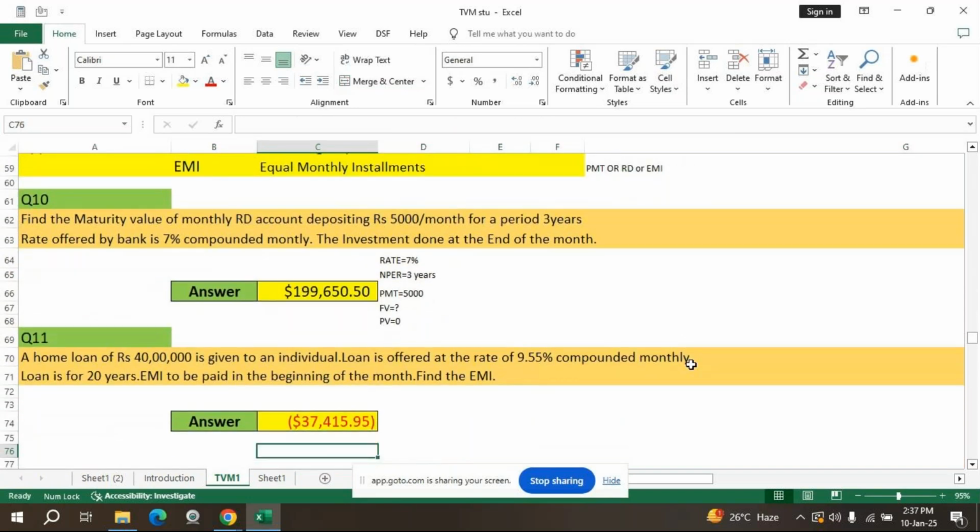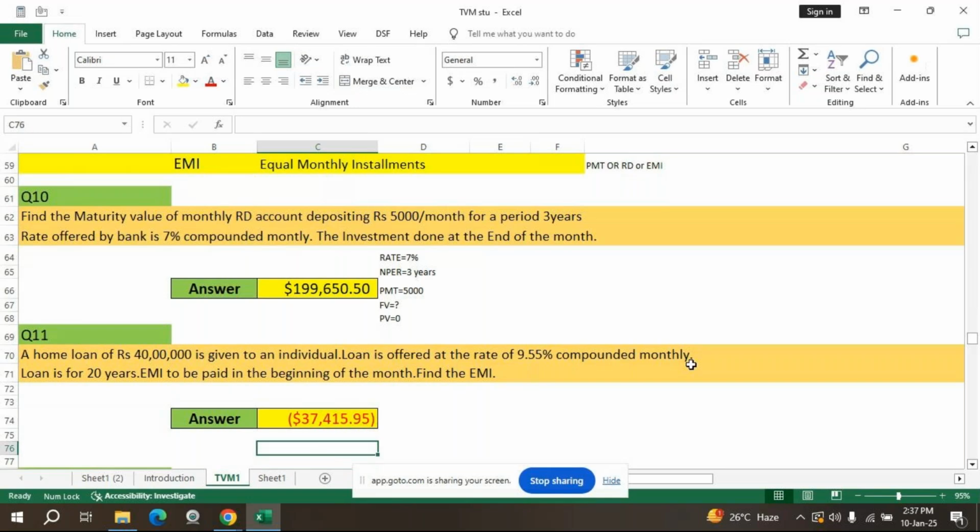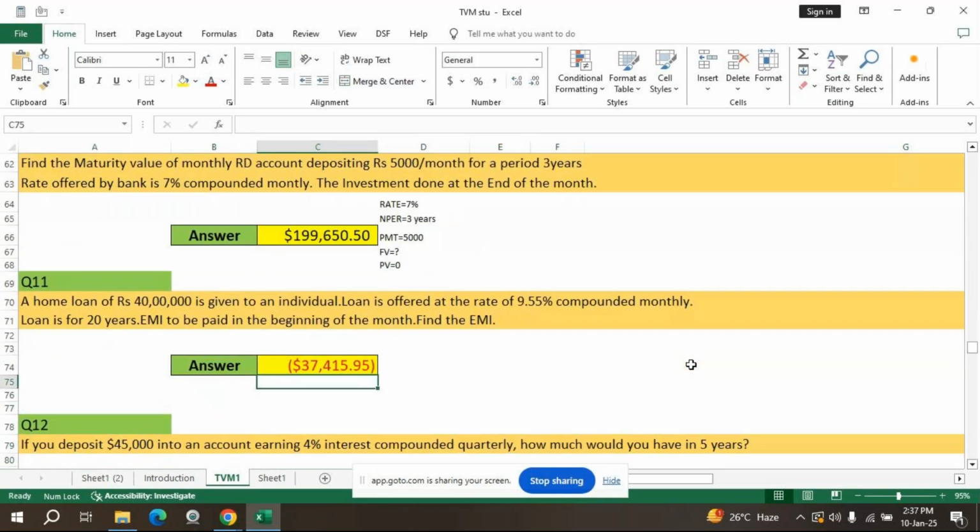After that, the 11th question: a home loan of rupees 40 lakhs. Till here will you try, or shall I explain the 11th question?